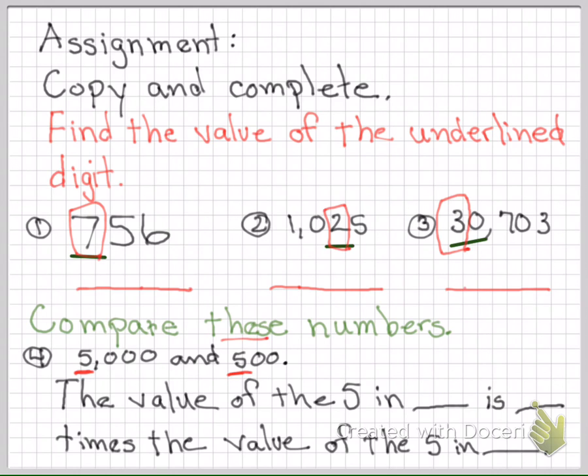Then it says compare these numbers. They want you to compare the 5 in 5,000 with the 5 in 500. The value of the 5 in something is, I'll give you this one, 10 times the value of the 5 in the other one. So now you just have to figure out which one goes in which blank.